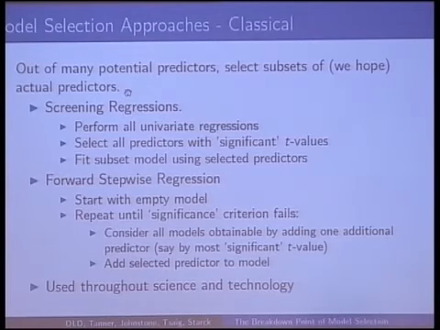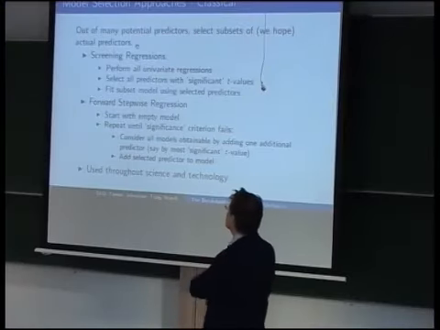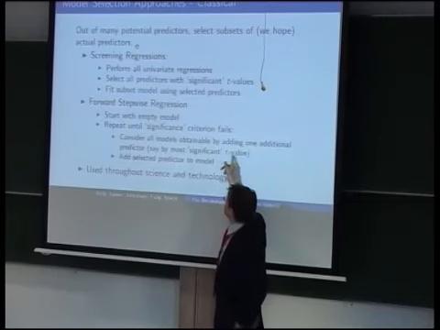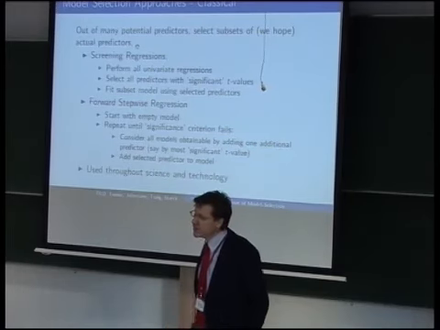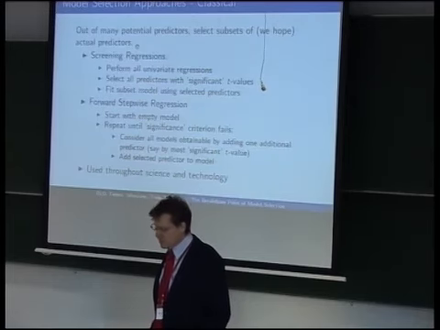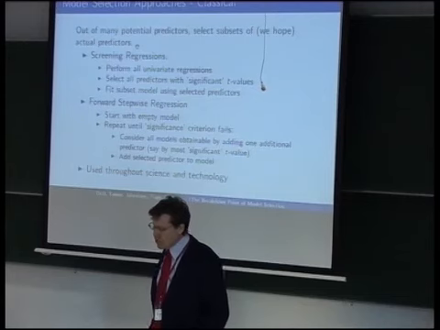Namely, with your given model, look at adding one new predictor, say by choosing the individual predictor not yet in the model which seems to be most statistically significant. Expand the model by that term and then repeat. Forward stepwise regression, with various ways of assessing significance, maybe using a t-test or some other method, is heavily used throughout science and technology, and probably most model building is done this way.